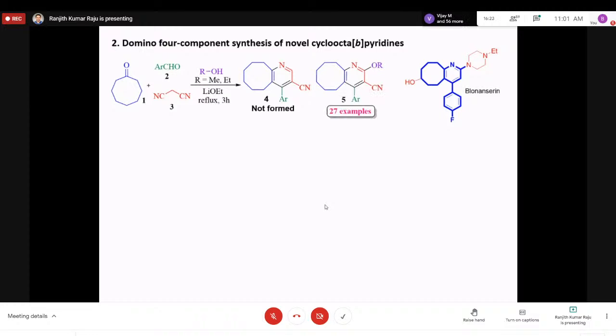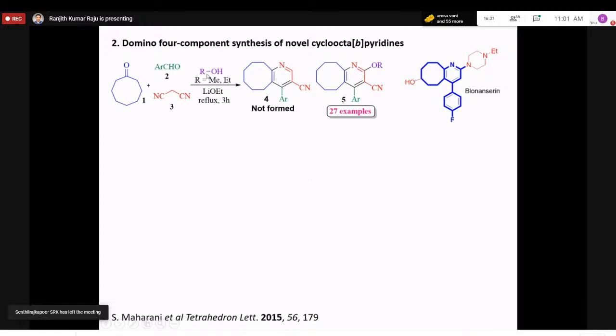But even here we got a different compound, a slightly modified compound from what we expected. So the alcohol, the solvent that we used, was the 4th component involved in the reaction. So whatever alcohol we use, that is being substituted alpha to the nitrogen.